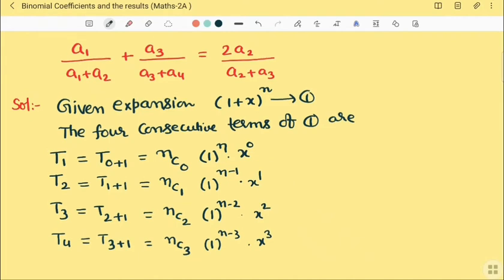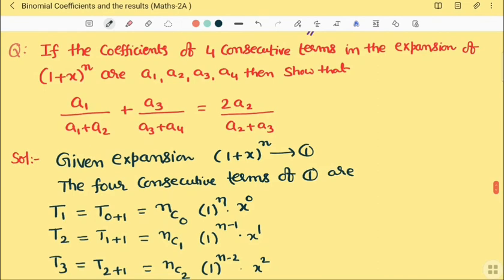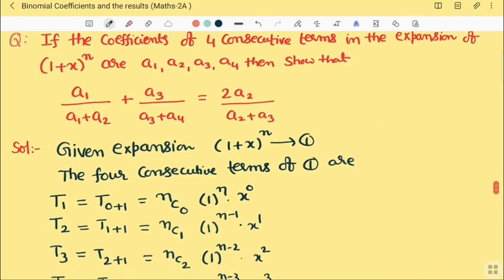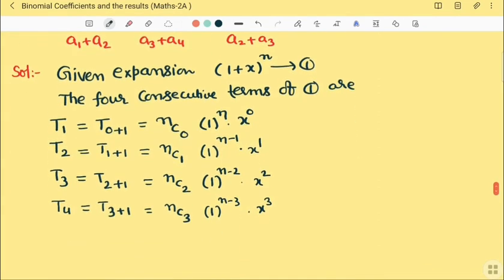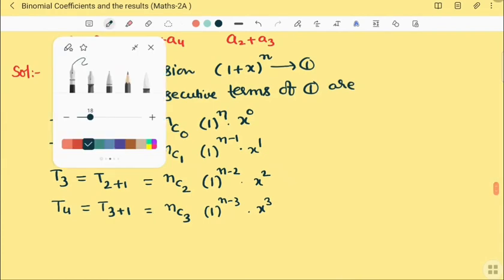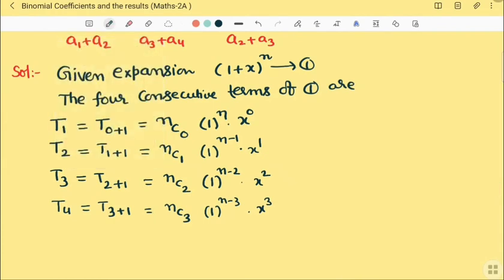We wrote that. Here the coefficients of 4 consecutive terms in the expansion, we already discussed what the coefficients are. Yes, once again I will show that. These are the coefficients.